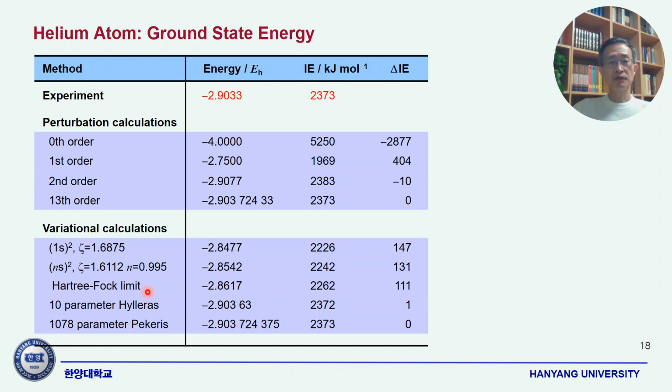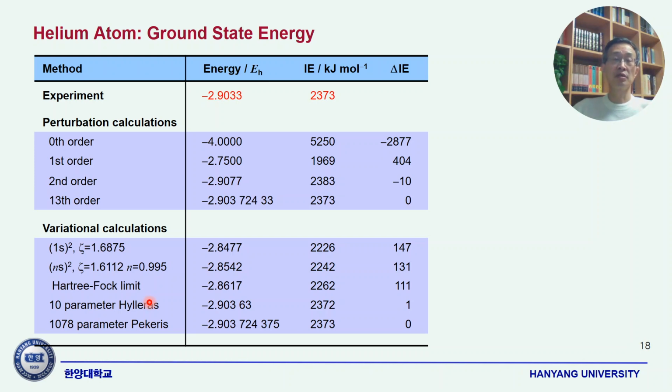This is the Hartree-Fock limit in variational calculation. Hylleraas did include 1 over R12, the interelectronic distance, which is not an orbital product itself but a different function of R12.